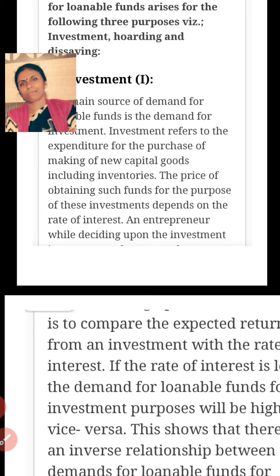So long as the expected rate of profit is greater than the rate of interest, the entrepreneur goes on demanding more and more funds and investing more and more. Suppose the rate of profit comes down, then definitely they demand less and invest less. So, this is a very interesting point: the level of investment definitely depends upon the rate of profit.